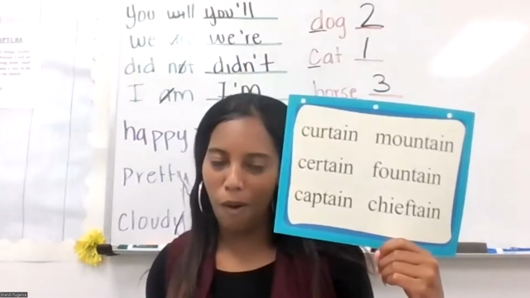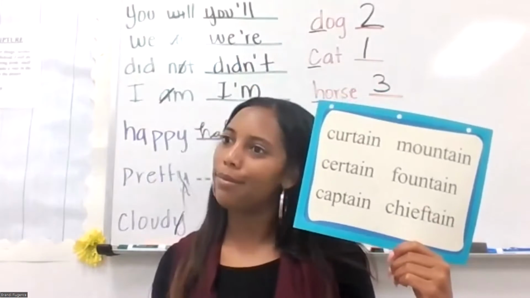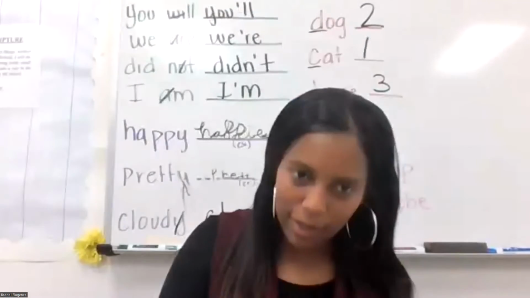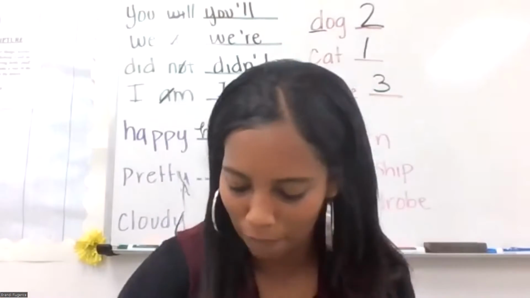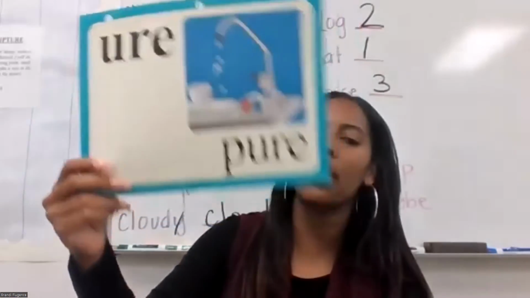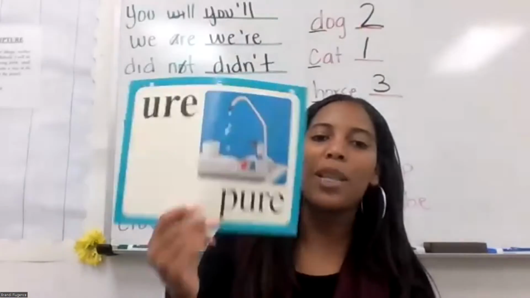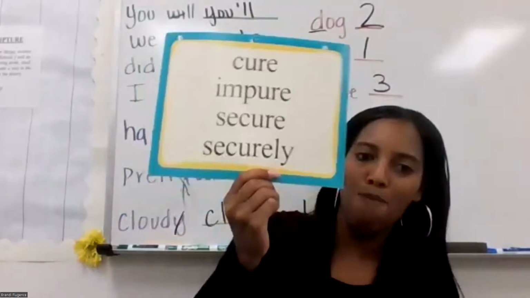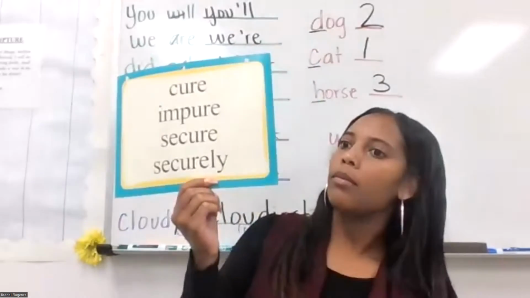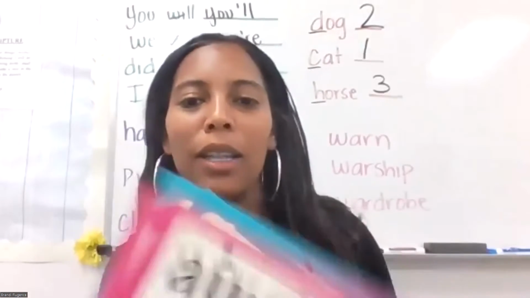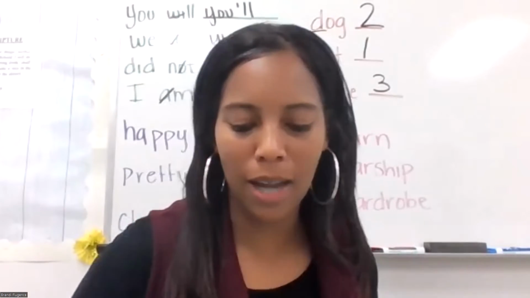Ooh, there's one more hard one. Certain. You are certain. I am certain I am in first grade. And he says you're in pure. If you tie something down, you have to double check to make sure that it's what? Secure. Yes. Good. So that was just a review of our sounds today.